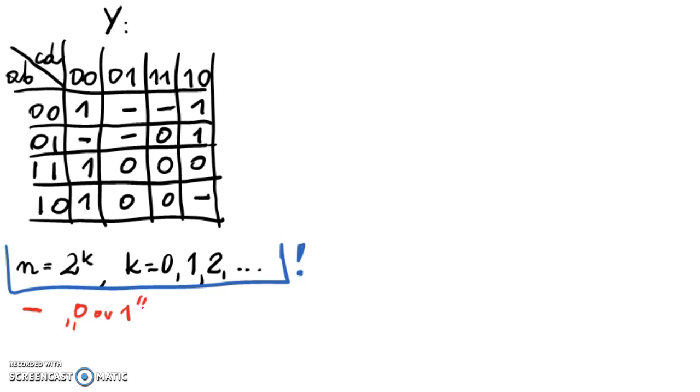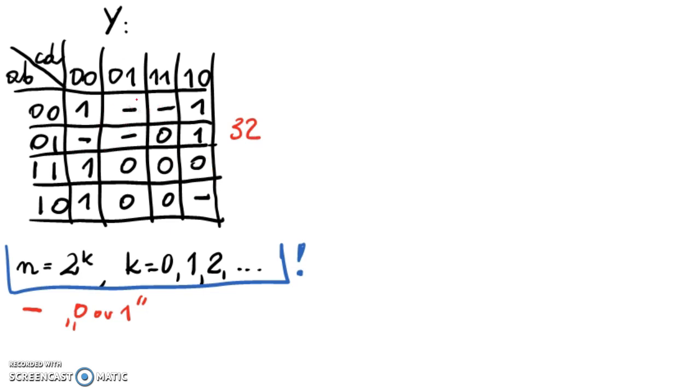In the real device, of course, this minus will be replaced by either 0 or 1, but this replacement, or this decision, is made during minimization to get the cheapest version of the system. So actually this table defines 2 to the power of 5, 32 different functions, which differ in these places.